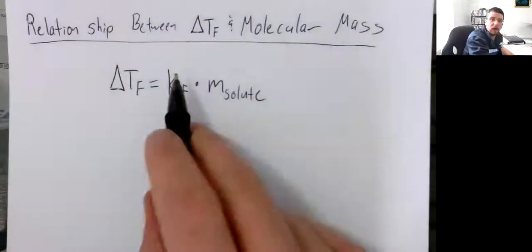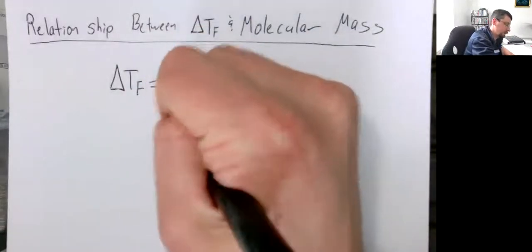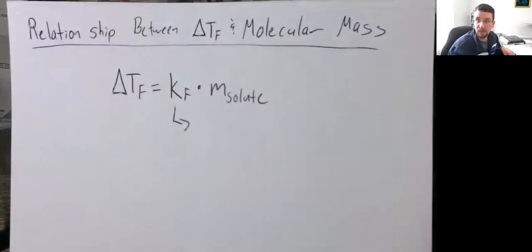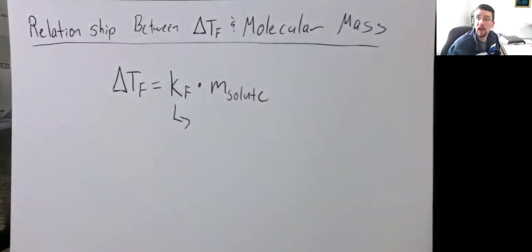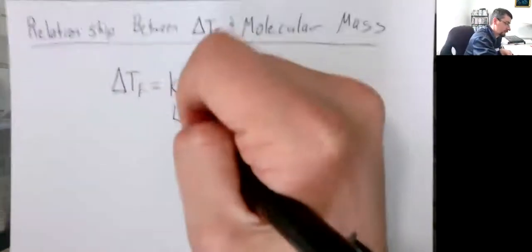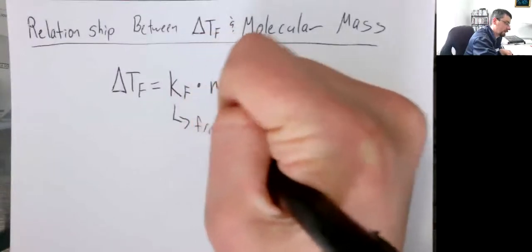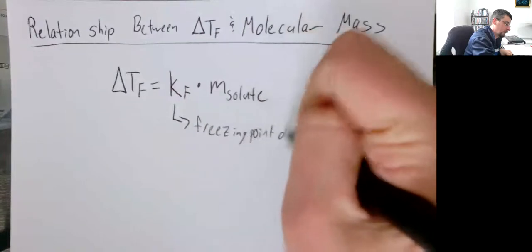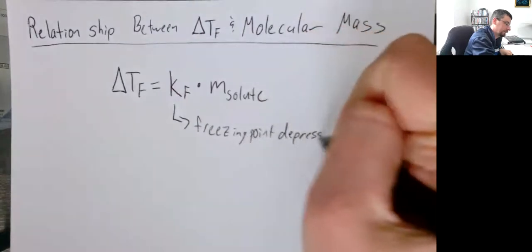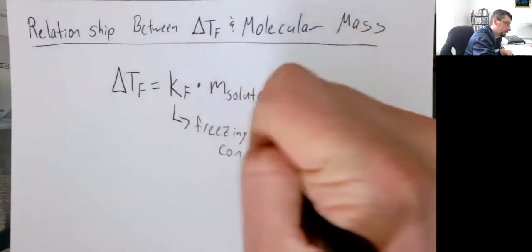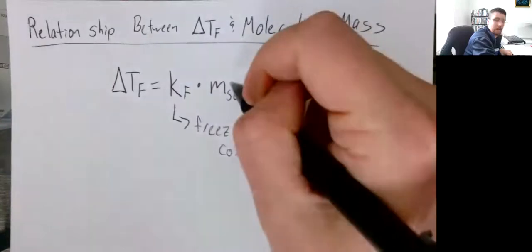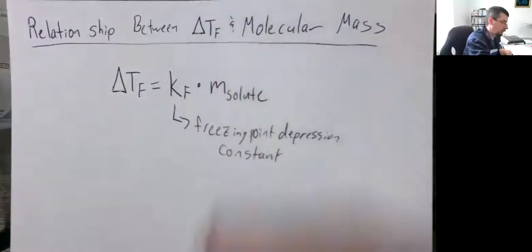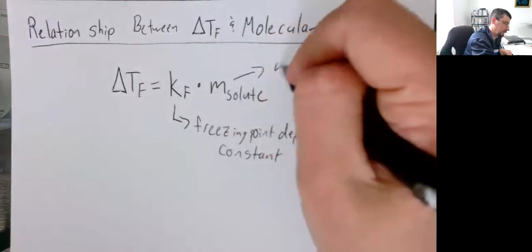Kf is what's known as the freezing point depression constant, and that changes depending on the solvent that you have. And m solute, that's the molality of the solute.